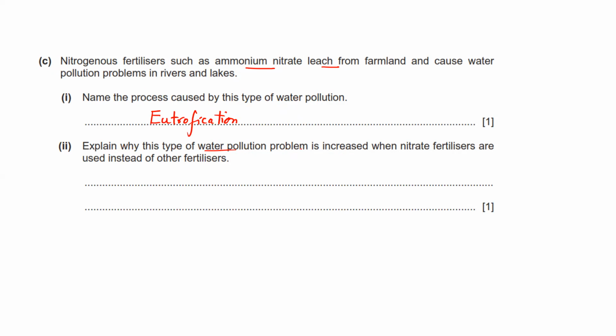This type of water pollution problem is increased when nitrate fertilizers are used instead of other fertilizers. So remember, nitrates are highly soluble in water. You can call them highly water soluble compounds.